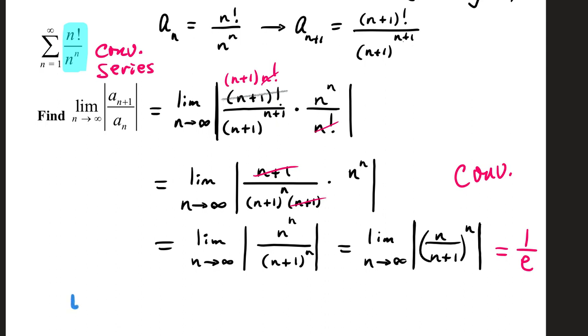And so what we did in class was we took that and wrote it as y equals (n over n plus 1) to the n, and then I took the natural log of both sides and brought that exponent down.